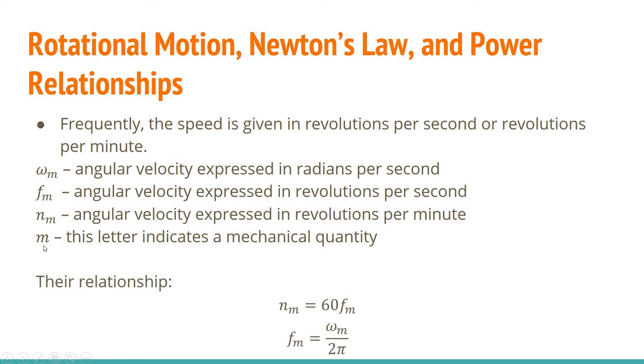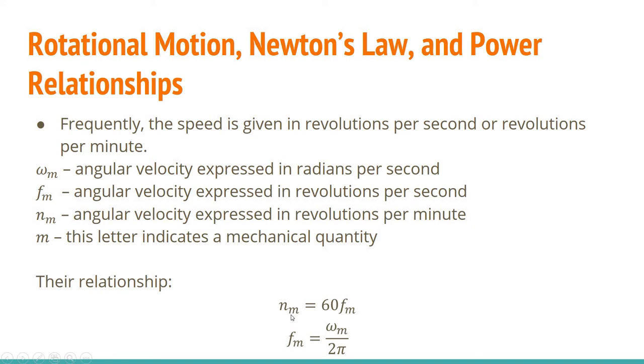So letter m, this letter indicates a mechanical quantity. Angular velocity with the subscript of m is expressed in radians per second. So, remember these relationships.